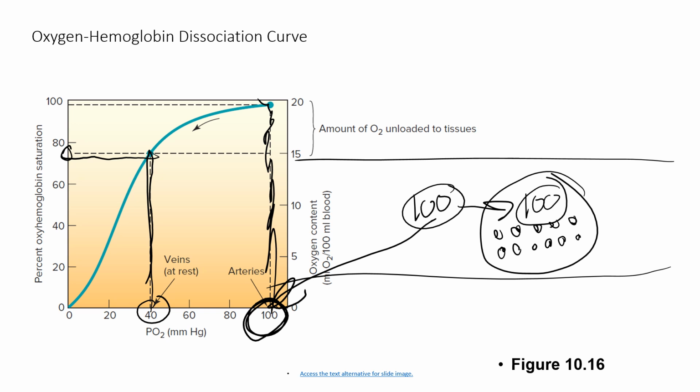And those hemoglobin proteins change their orientation and increase their affinity for binding oxygen. And they all more or less become 100% saturated with oxygen. Now, what does this mean in practical terms, and what's the point of this?